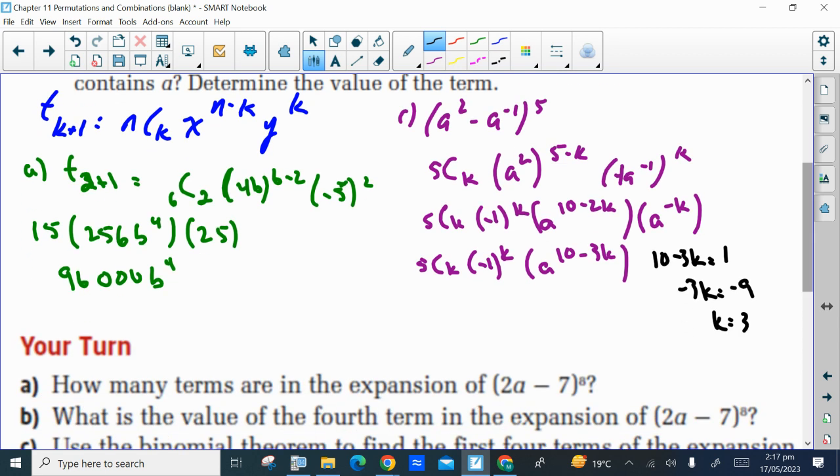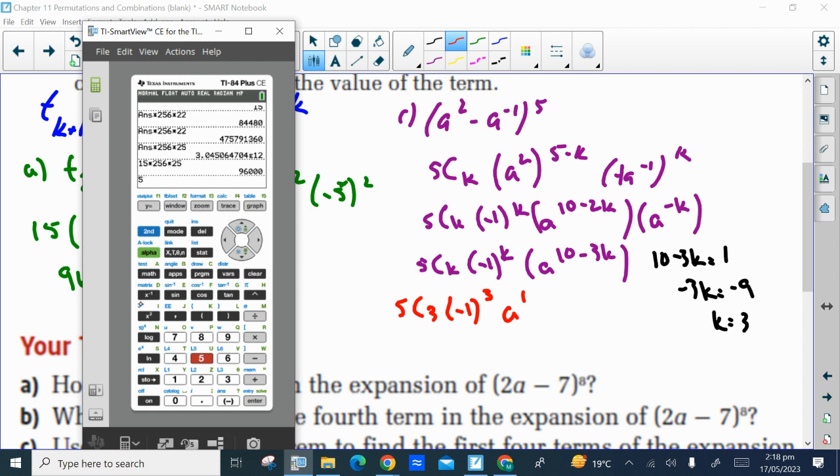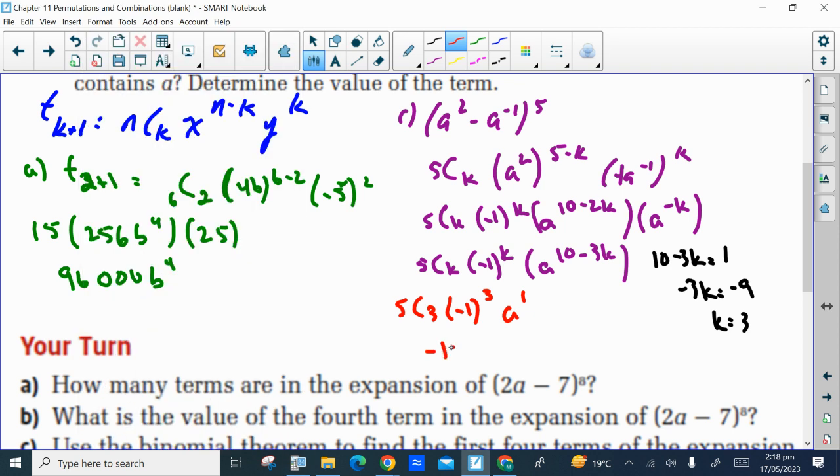So now we can find out what that fourth term is by letting k equal 3. It'll be 5C3, negative 1 to the 3, and a to the 10 minus 9, which is a to the 1. 5C3 is 10, times negative 1 is negative 10a.